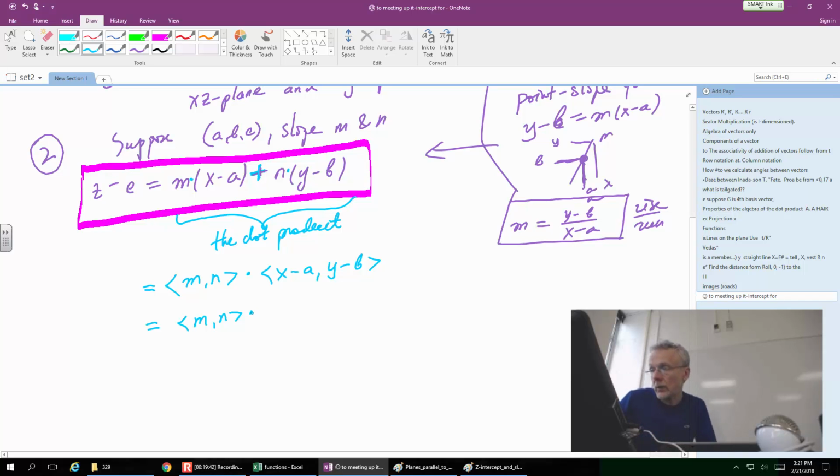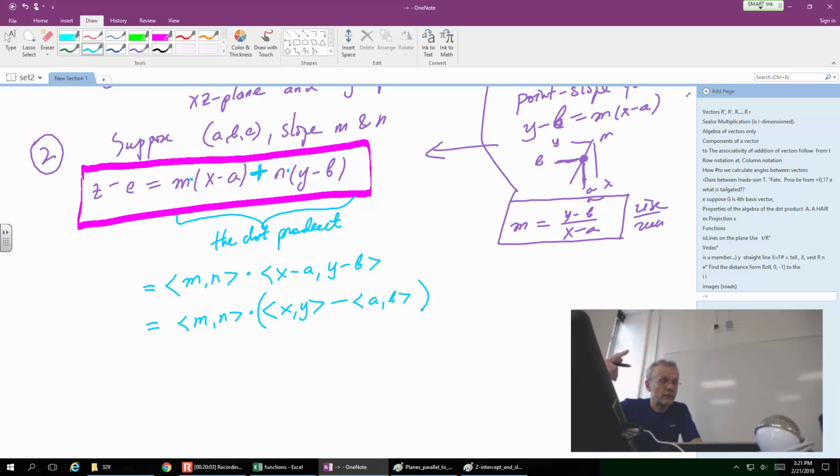And the second vector, once again, I break it apart, and what I have here is my x variable, my independent variable of my function of two variables, right here. And I subtract (a, b), which is the point. So remember, point-slope form.